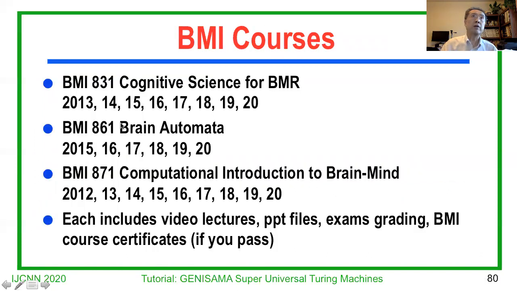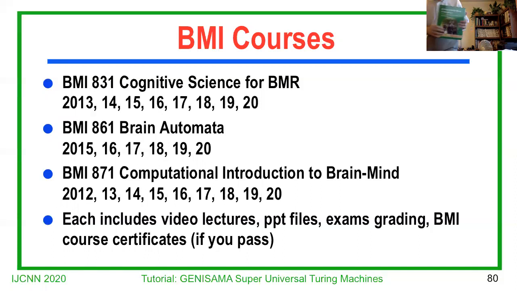For classes, we have cognitive science, and we have automata theory, because many people in control and neural networks are from either control or physics. They have not learned automata, and I think automata is very important. Then I have a book that I wrote and put out.